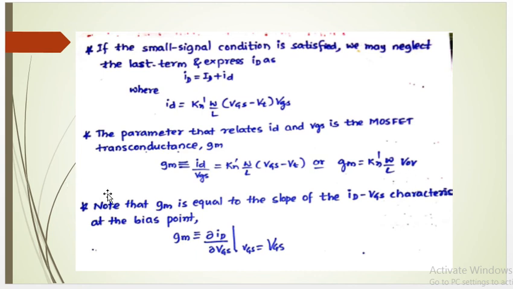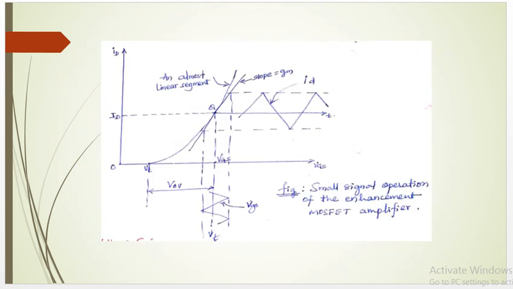If you draw the slope of the ID versus VGS characteristics at the bias point, gm is defined as the slope, that is, change in ID divided by change in VGS. We'll see it in the graph.